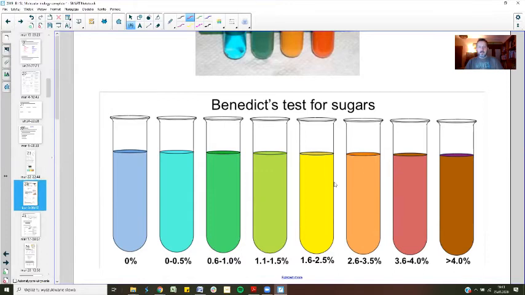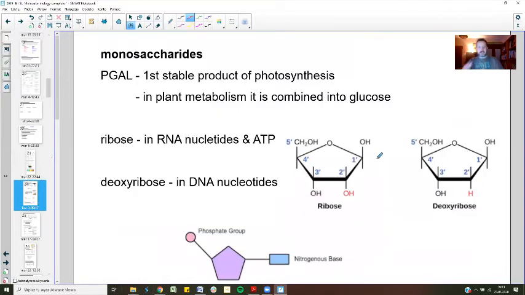Okay, let's take a look at the role of monosaccharides. The phosphoglyceraldehyde, the first product of photosynthesis in plant metabolism, is used to combine into glucose. And of course, we know that glucose has a very wide role in living organisms. It will be mentioned a little bit later.